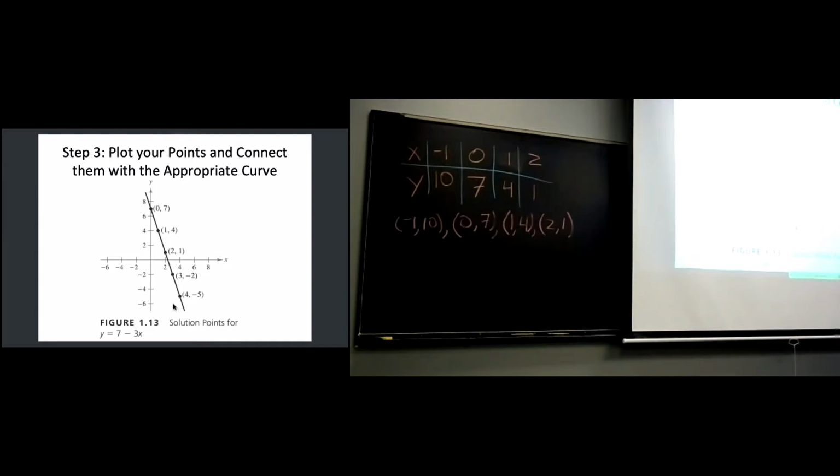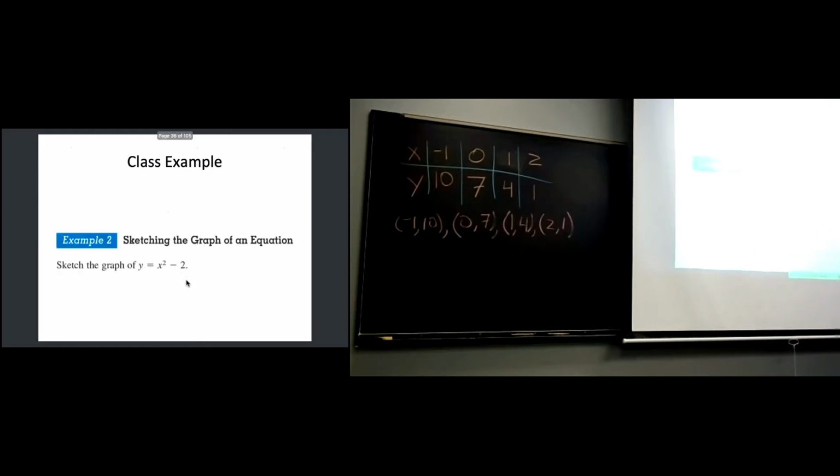Nothing revelatory here, nothing groundbreaking. Like I said, this is just going to be a review for the first day or two. So once we plot these, we'd obviously want to say, what's the most appropriate line to connect these? And that's what we're going to plot, right? We're going to say that that line represents our function or our equation.